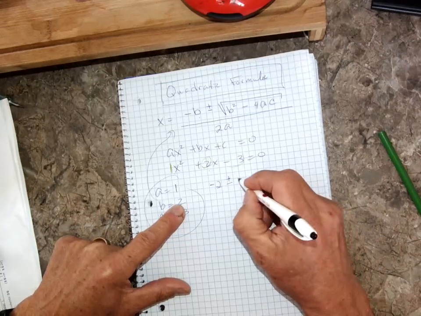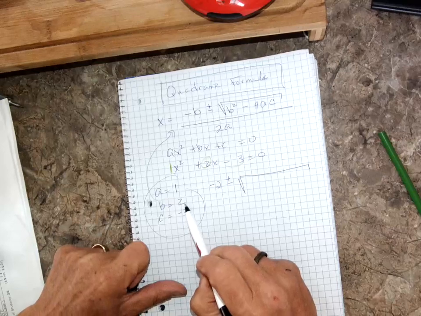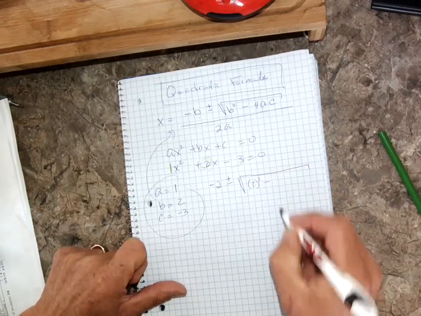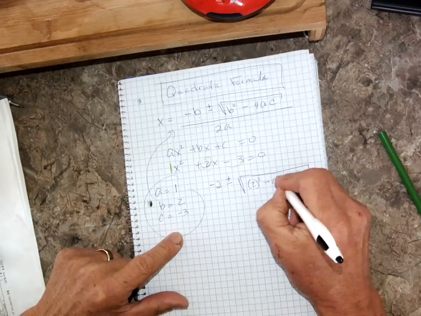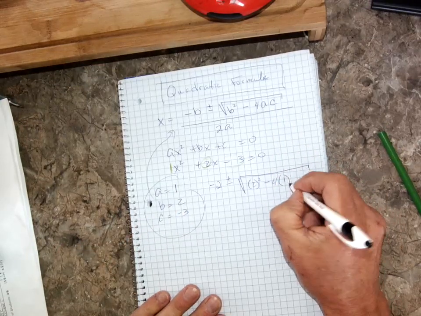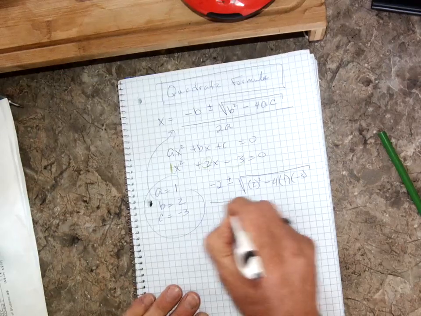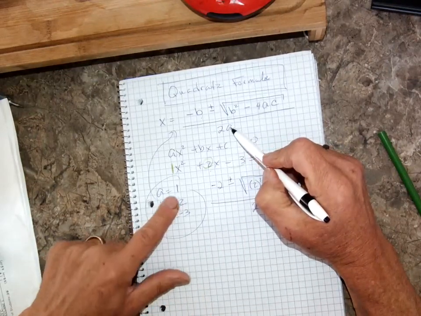The big square root of b squared, so I'm going to take 2 squared, minus, in the formula, 4 is always there, 4 times a, which is 1, times c, which is a negative 3, all over 2 times a, and a is 1.